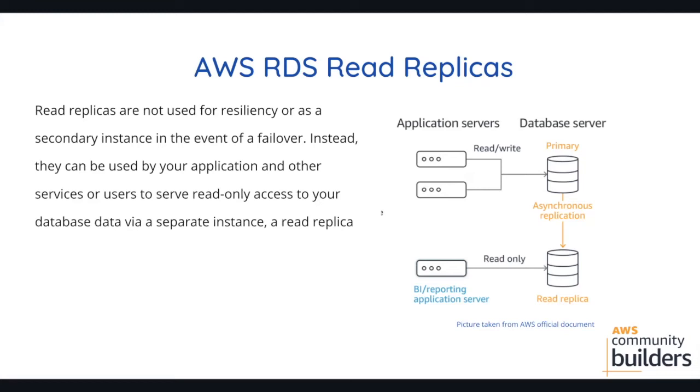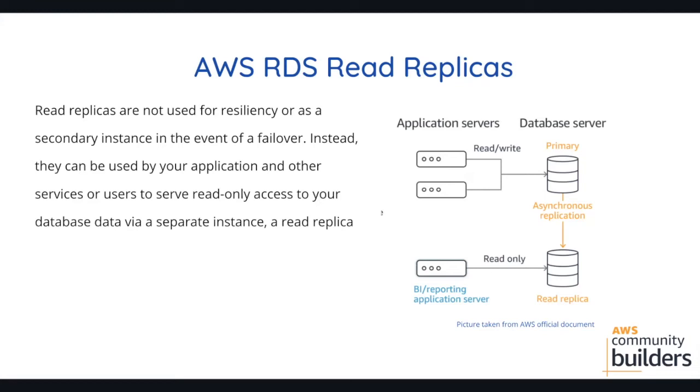You can add 1, 2, 3 instances, but how many read replicas you can have purely depends upon which type of database you use. MySQL has, I think, a limit of 3 or 4, whereas Postgres has a limit of 5.